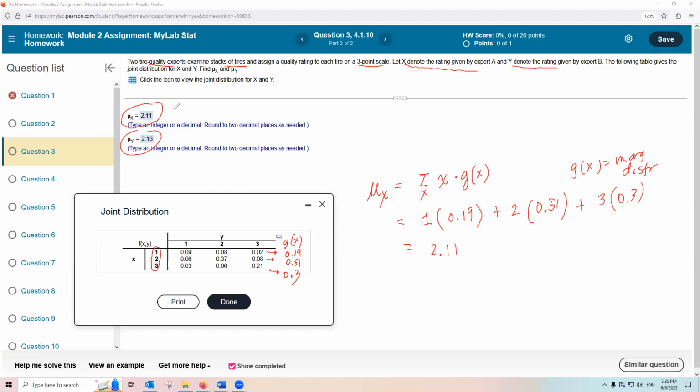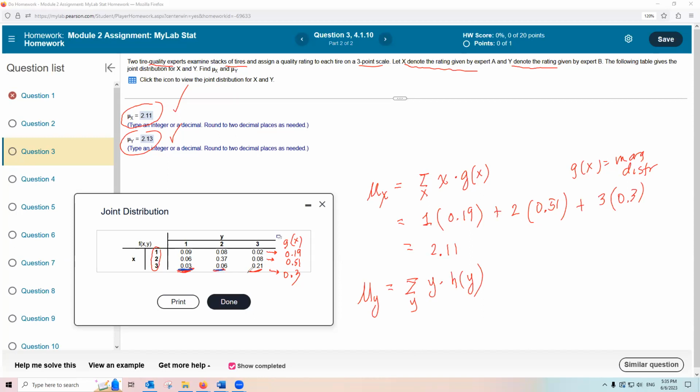All right, let's do the other part. What about the mean for Y? Well, for that, we have to take the sum of Y times its marginal distribution. This marginal distribution is going to be adding up the columns. So I'm going to do a column total here. Let me do this in a different color just to make it stand out.